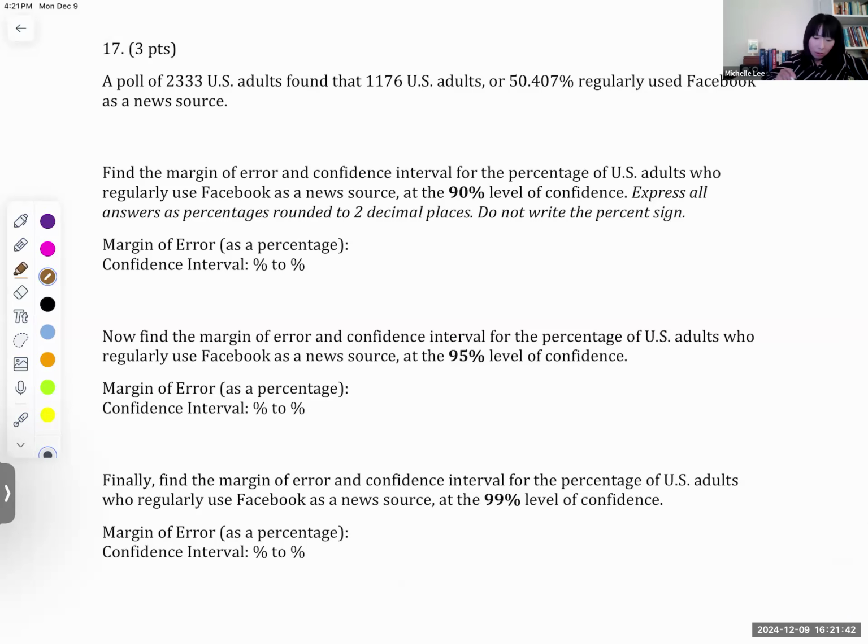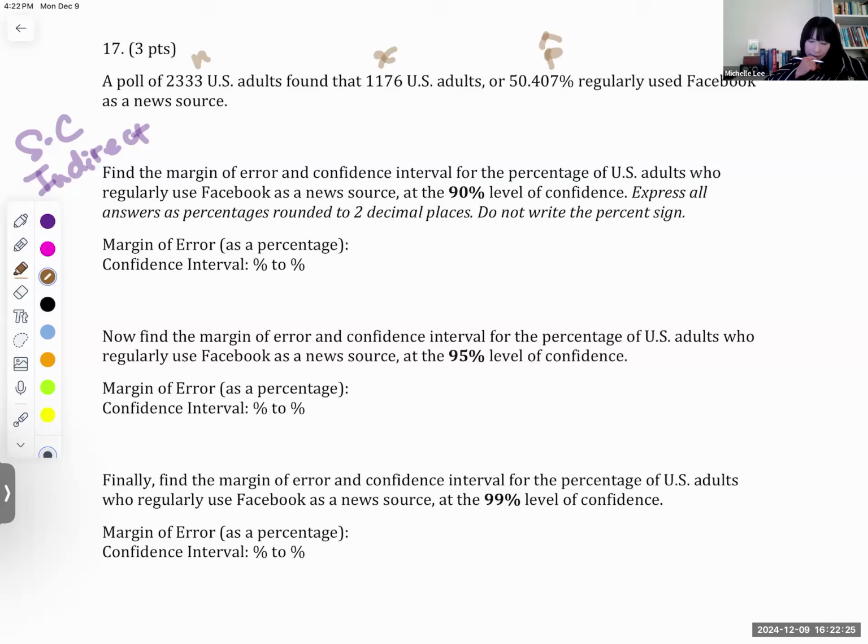Okay, so this is about the margin of error. I showed you earlier, right? So let me show you only one, the indirect way in StatCrunch. We have x and p hat, right?